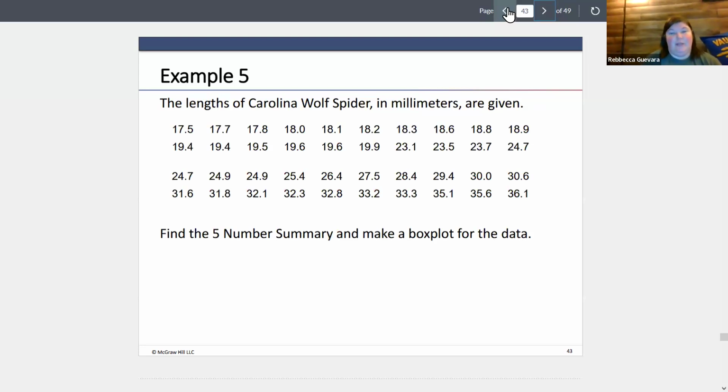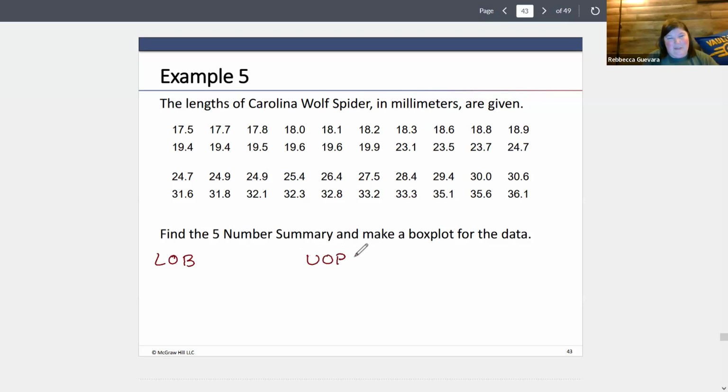So if you could take a moment, make a box plot for this data. Just a reminder, I have it still here, and we don't really need them in this case, but if you're looking for that upper outlier boundary, that was 36.85. So that means this is the last data point before we hit that boundary. And at the other end, I'm trying to remember exactly what it was.